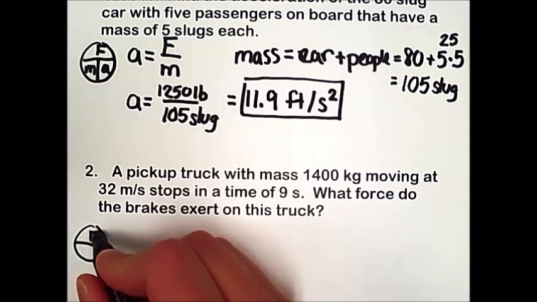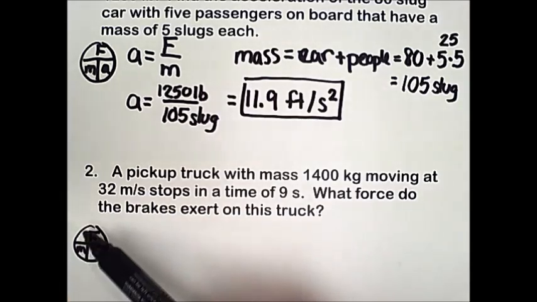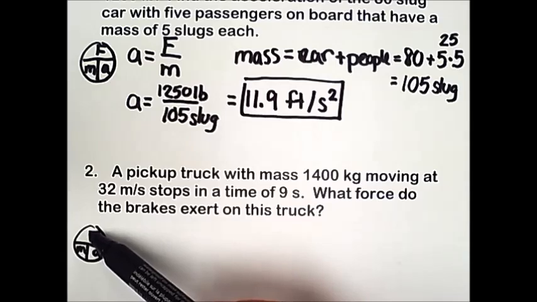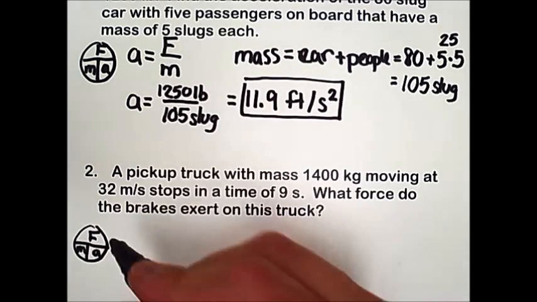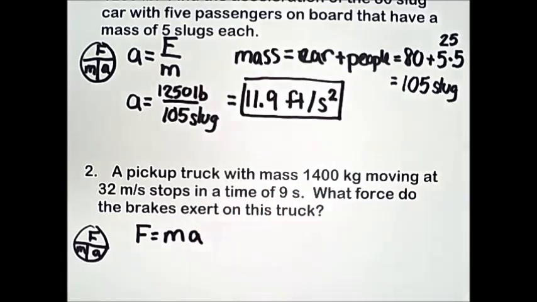So again, looking at the force, mass, acceleration formula wheel, if we want to find force, that's equal to the mass times the acceleration. In this problem, however, we are not specifically told what the acceleration is. We have to find that first before we can substitute that in to solve for the force.